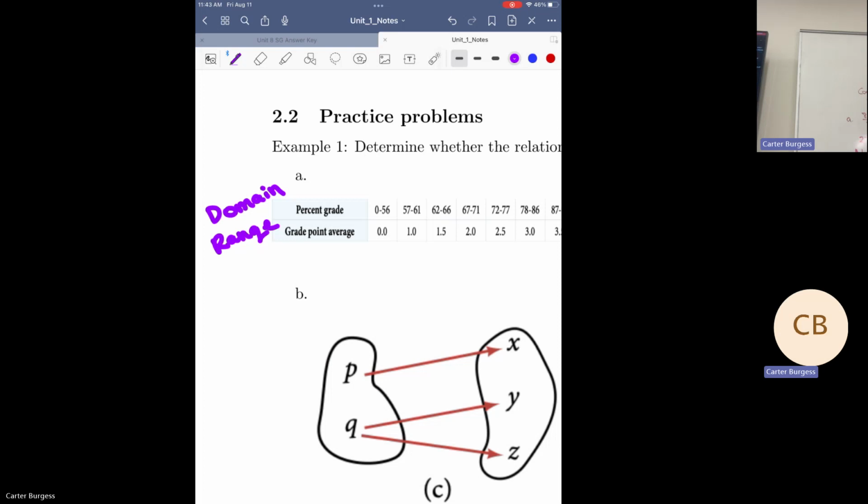The way it's blocked is a little bit weird, but let's think about what would happen if we got a grade of a 65. Do we know definitively what the corresponding GPA would be if our grade is a 65? What is it going to be? 1.5. In this case, 1.5.